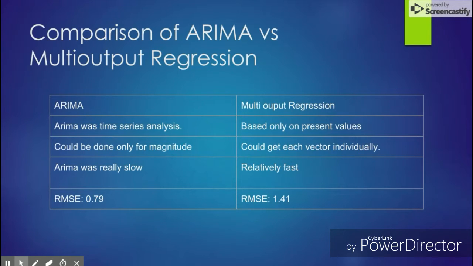ARIMA was quite slow when compared to multi-output, and the RMSE for ARIMA was 0.79 as compared to 1.41.